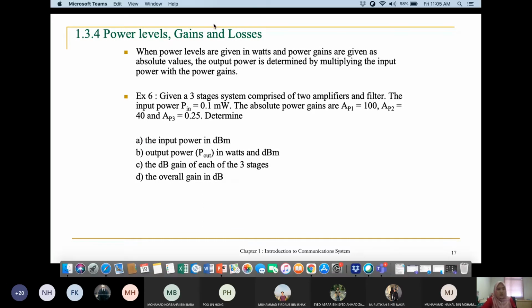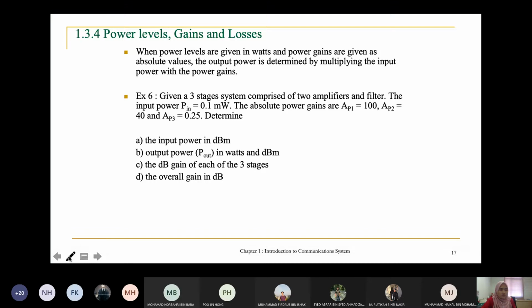If you look at this slide, it stated over here, when power levels are given in the unit watts and power gains are given as absolute values, meaning no unit, the output power is determined by multiplying the input power with the power gain.